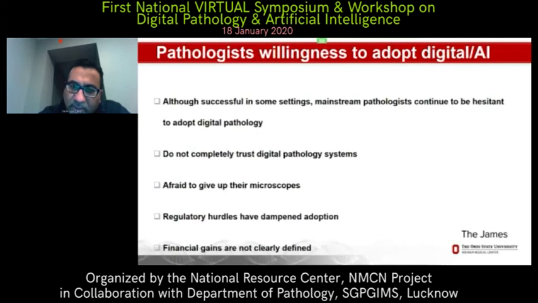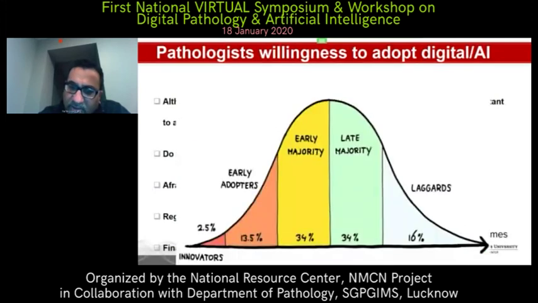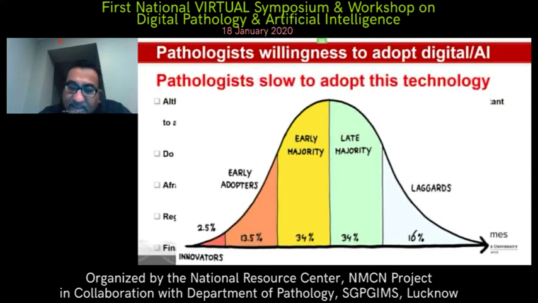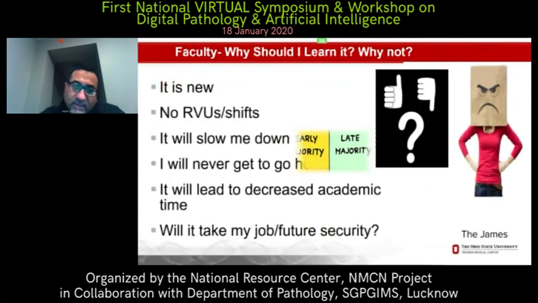So if you look at the adoption curve, when we first started, we were in the early adopter range, but now it's early majority, late majority adoption. So we still have pathologists who are hesitant to use technology because they think it's new and there is no new revenue, no shifts in revenue.